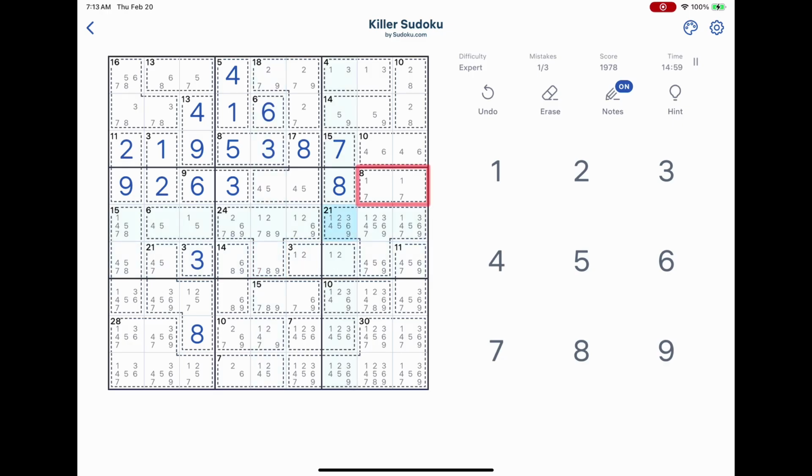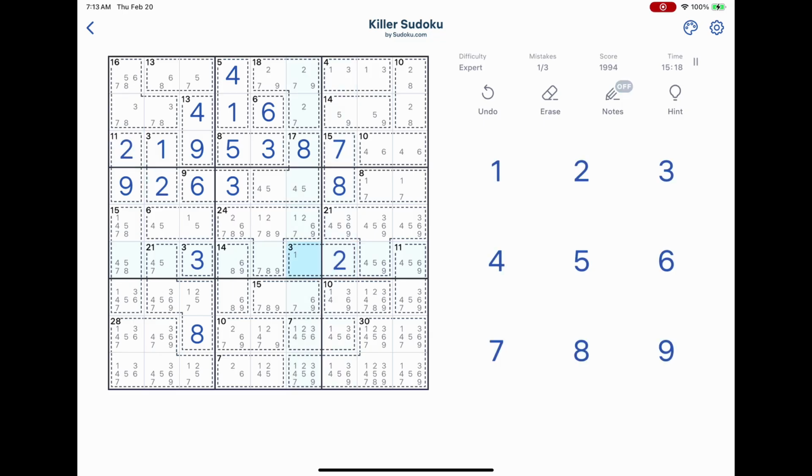We created a 1-7 double in block 6. Apply to block 6. Block 6.